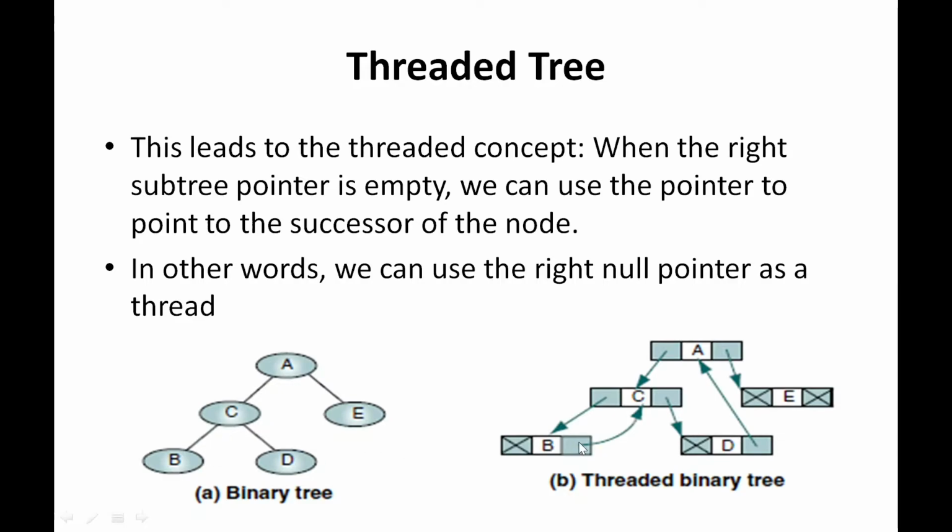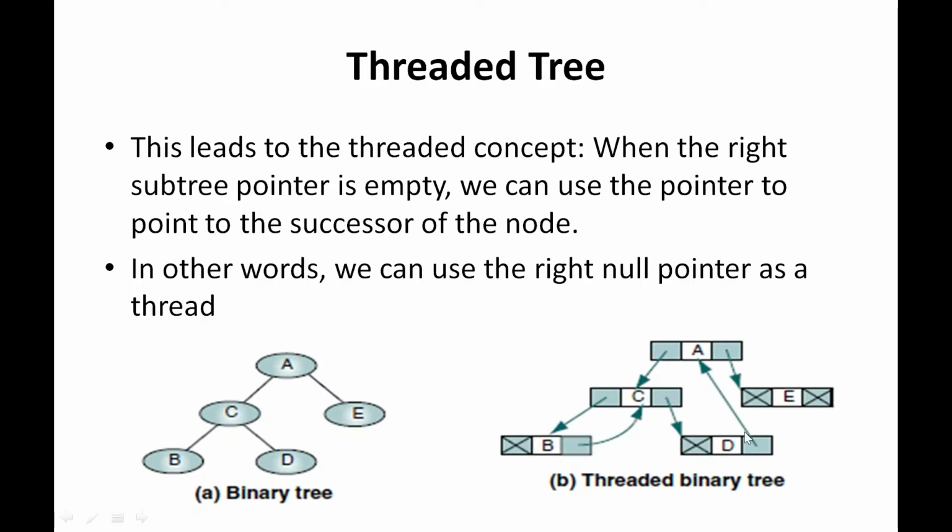Now B gets connected to C. The second diagram shows how the interconnection is made. B's forward link pointer is assigned the address of its parent node. Similarly, we also change the right pointer, or the forward link pointer, of the node D with the address of A. That is because in in-order traversal, after visiting D we will visit A as the next node, so A is connected with D's forward link pointer.